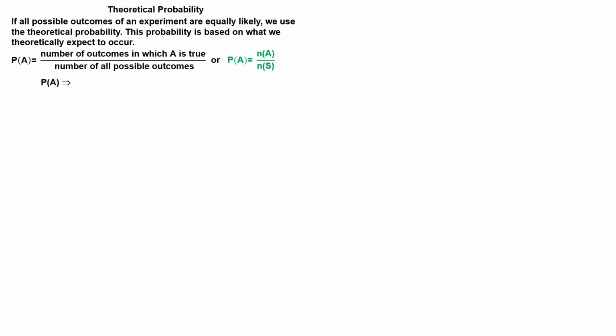P(A) is the probability that A will occur, and A is the number of favorable outcomes, and S is the number of all possible outcomes.